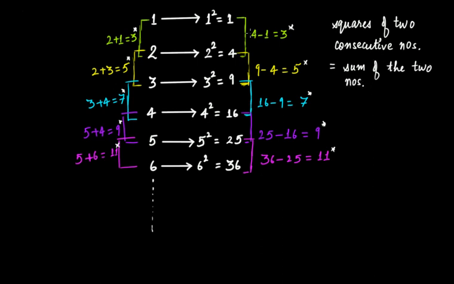Right? Because here we have seen this trend. So if you find the difference of the two consecutive square numbers, that will be equal to the sum of those numbers whose square numbers these are. Okay.